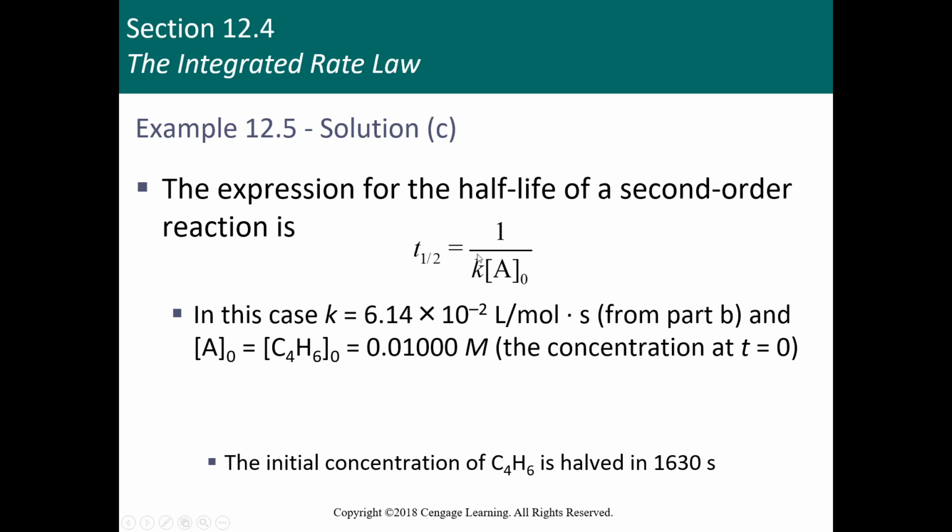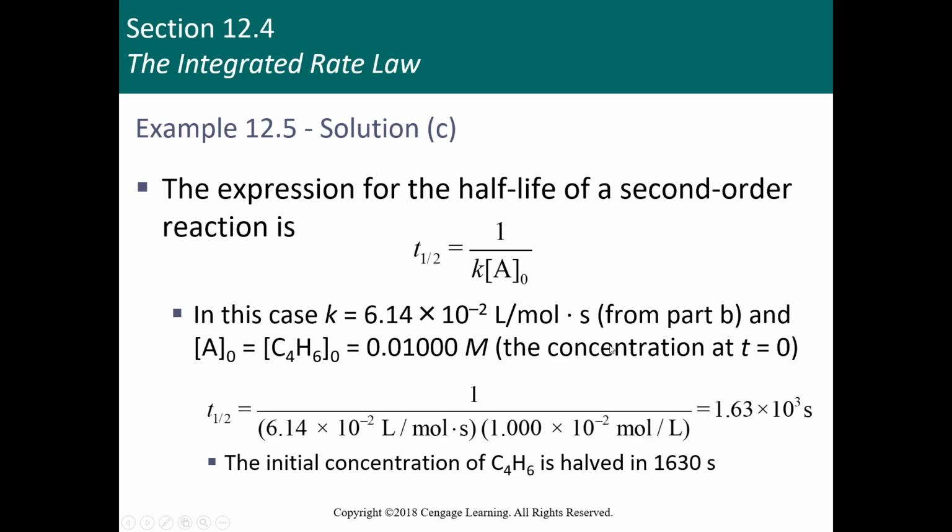By the way, if you look at the periodic table and equation table I give you guys, you will notice these things on there that you can actually just take and use off of there. So the initial concentration will be halved in 1,630 seconds if we plug these in. Again, this is K. That's the concentration at time zero. It's 1 over. We then solve, and we get that right there, which is this.